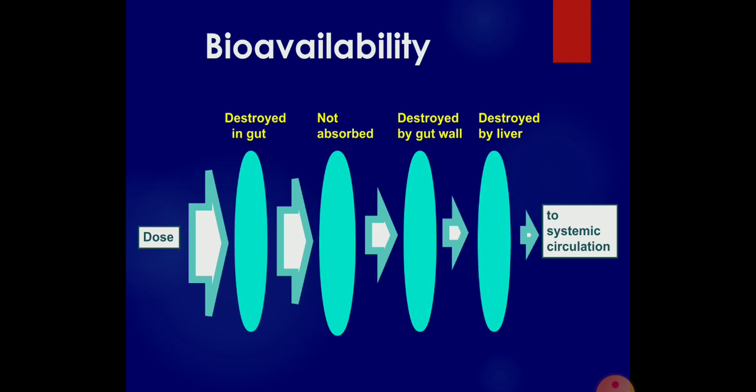So that will give you the percentage, and that percentage is ultimately 50 by 5, that means 10%. So 10% is going to be the hypothetical availability or bioavailability of the drug.